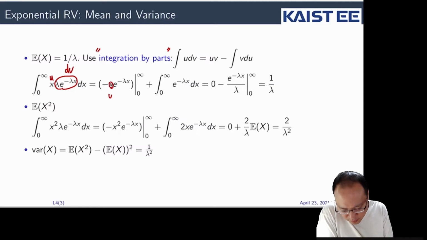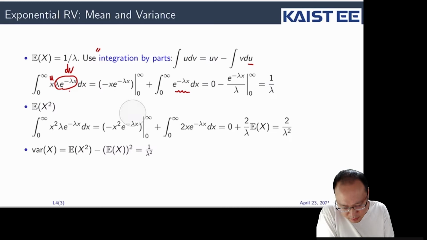The integral of dv is minus e to the minus lambda x. Then v du: v is minus e to the minus lambda x, and du is 1. But here we have a minus, so minus times minus becomes plus.